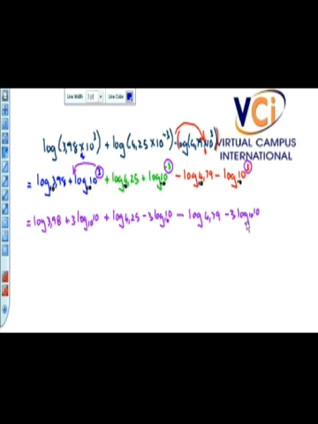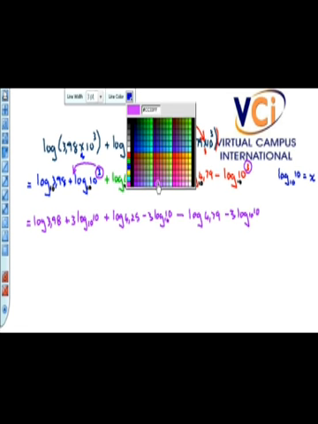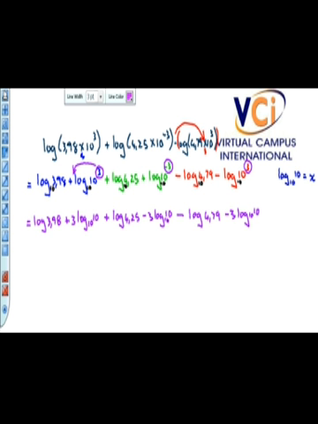Yeah. Alright, now if you take a look at the log 10, 10, let's just go to the side for a second. If I want to know the value of log 10, 10, I can say let's say the value of log 10, 10 is x. If we can find the value of x, we know what the value of log 10, 10 is.